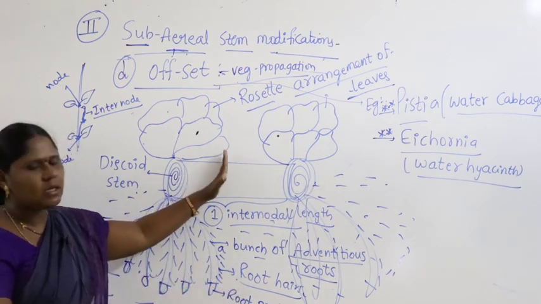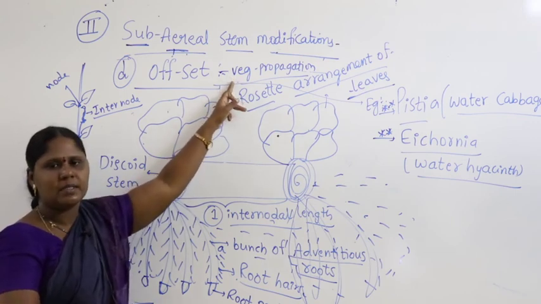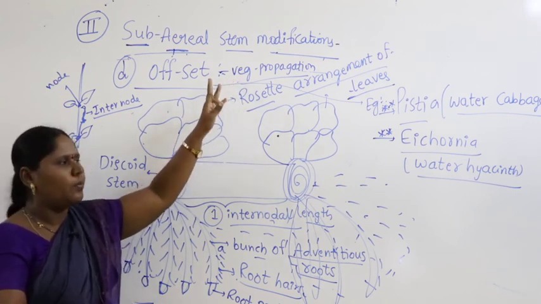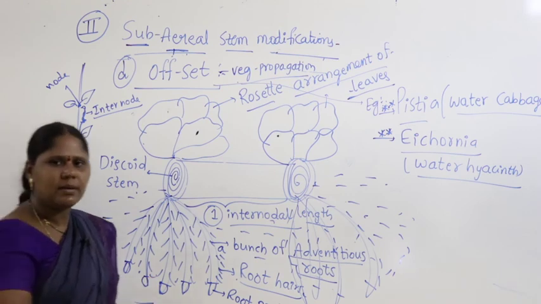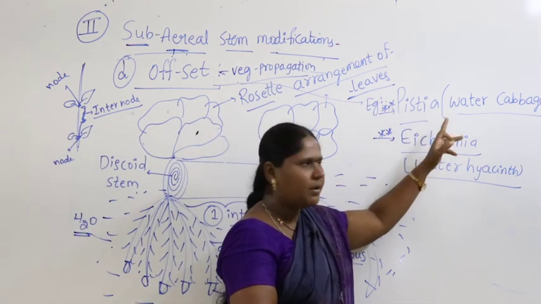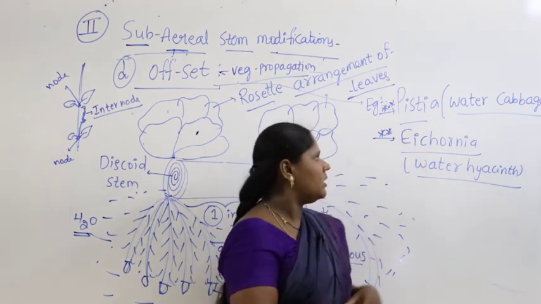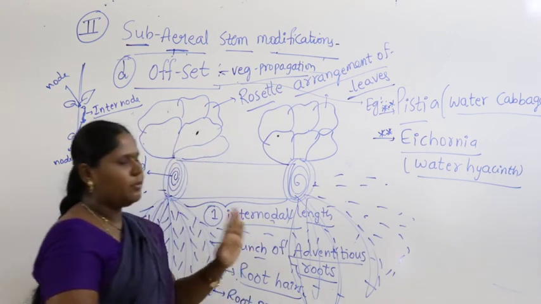If you cut this and keep it in water, a new plant will come, which helps in vegetative propagation. What are the examples? Pistia, commonly called water cabbage, and Hycornia, commonly called water hyacinth.